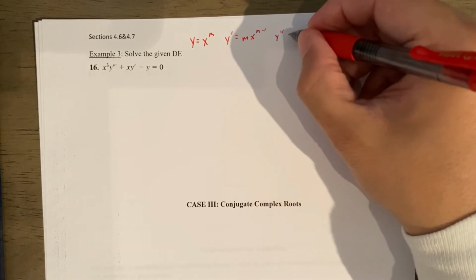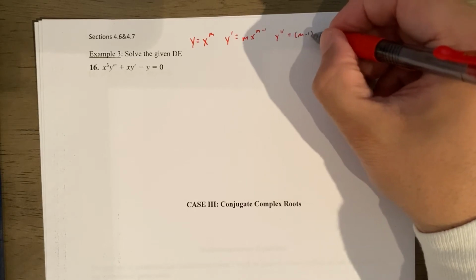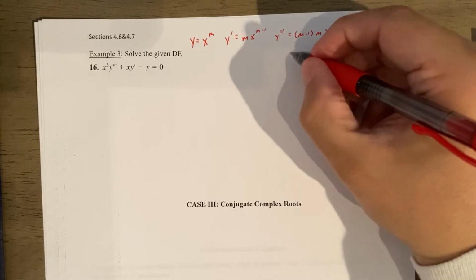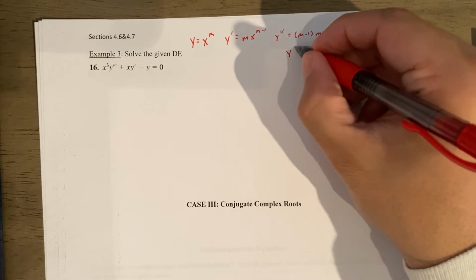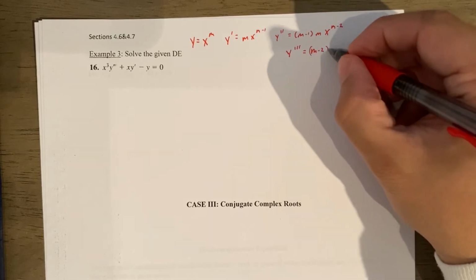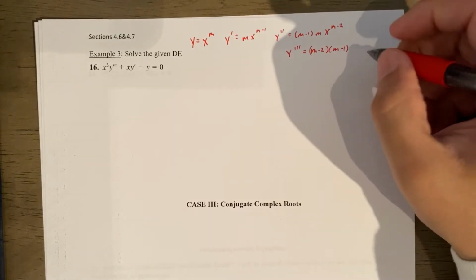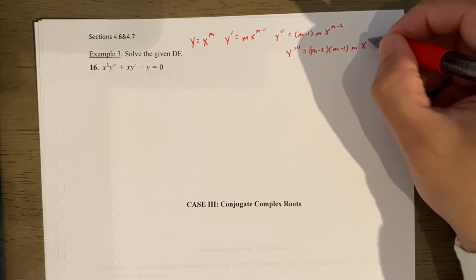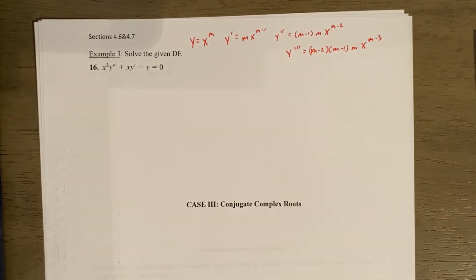Our second derivative would have been m minus 1 times m times x to the m minus 2. And then our third derivative is just m minus 2 times m minus 1 times m times x to the m minus 3. And so that's our third derivative.